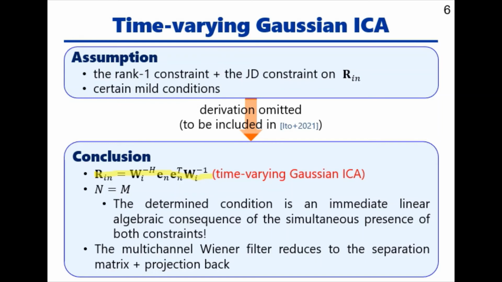We can also show that the number of sources, N, should be equal to the number of microphones, M. That is, the determined condition is an immediate linear algebraic consequence of the simultaneous presence of both constraints. Moreover, we can show that the multi-channel Wiener filter reduces to the separation matrix followed by projection back.